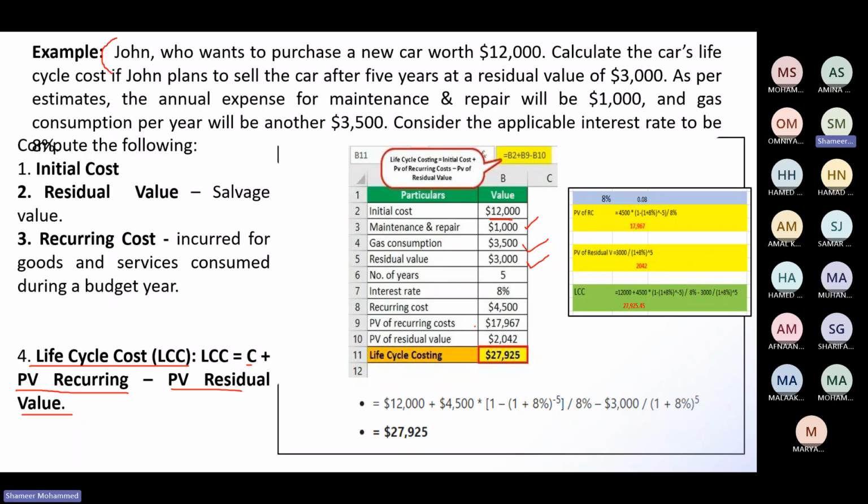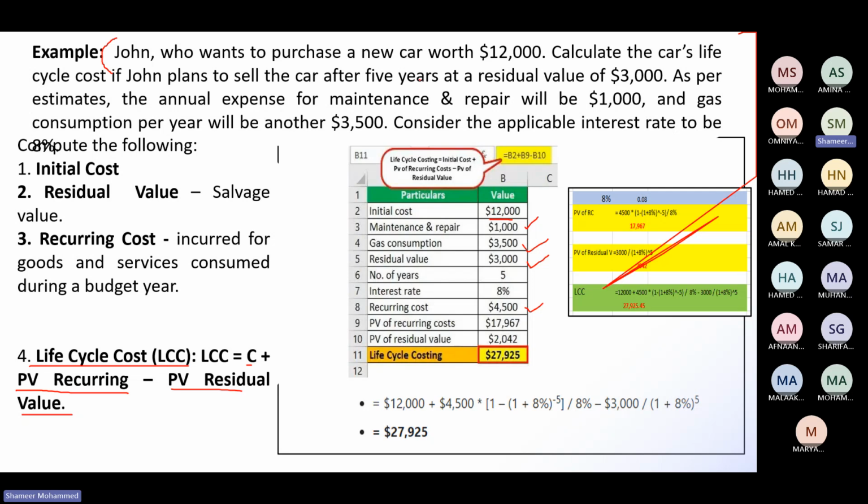So recurring costs are how much here? 3,500 plus 1,000, right? 4,500 will come every year for petrol and for repairs. So the planned value is 17,967. Residual value, this much. Understand?